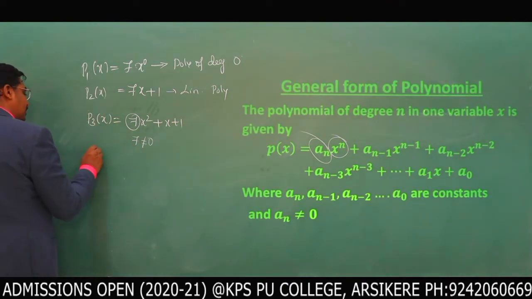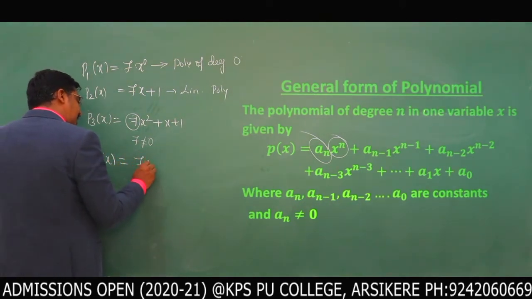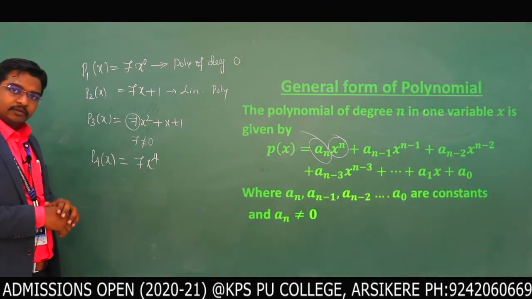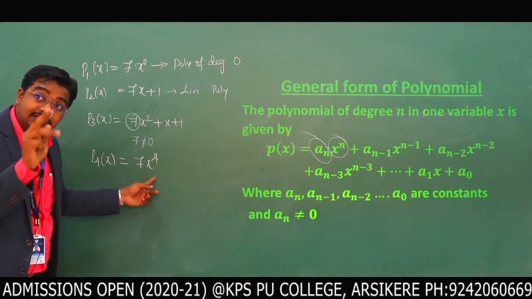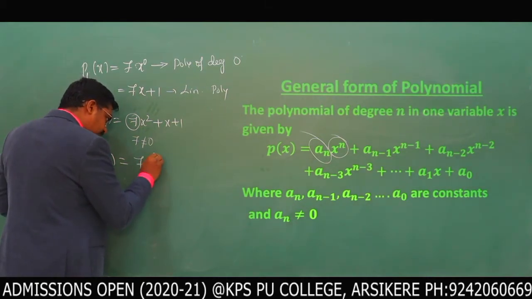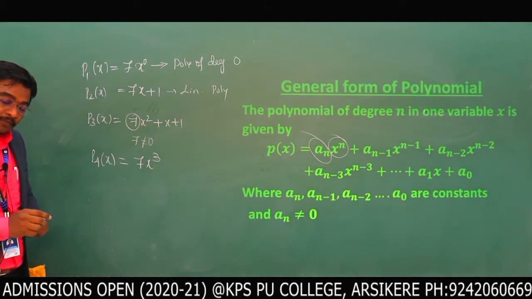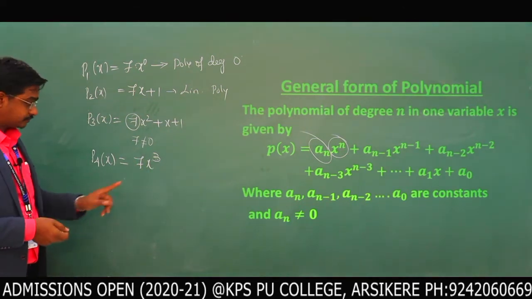So what about another? I will take the fourth one. p4 of x is equal to 7x power 4. Is it a polynomial? Obviously this is a polynomial. What is the degree there? Degree is 4. Sorry, I will take this as 3. Degree 3. This is called a cubic polynomial.